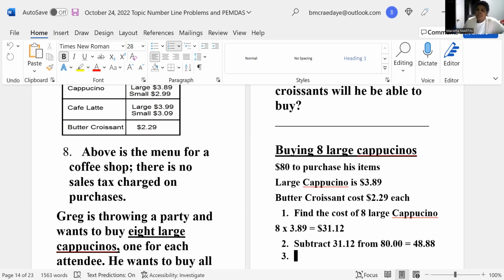No, you can't multiply. You have $48.88 left over. Each croissant costs $2.29. So what operation would give you the number of croissants you could buy? You multiply. No. Add. You can add. No, you subtract. No.